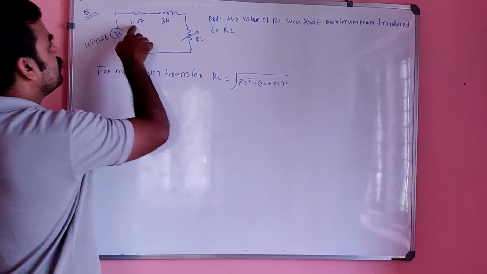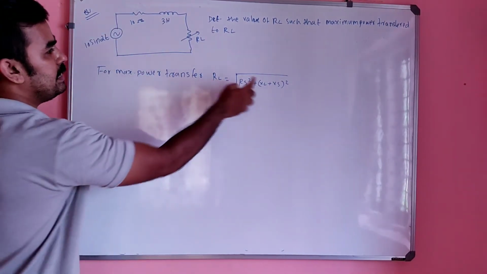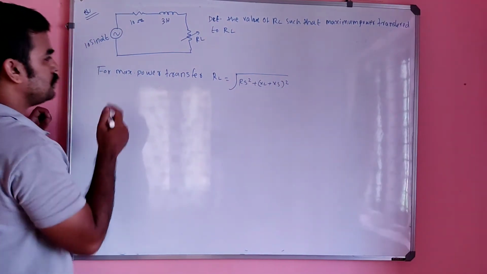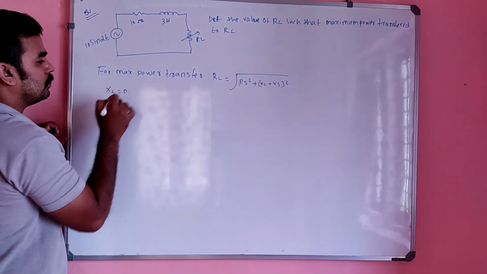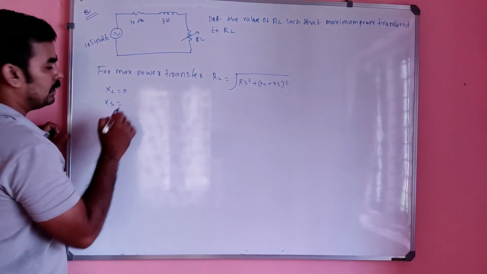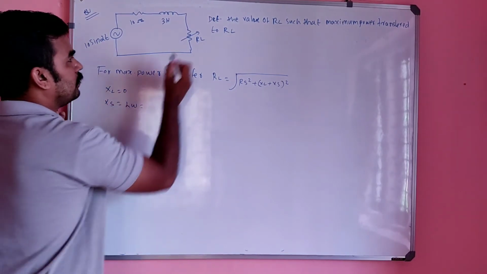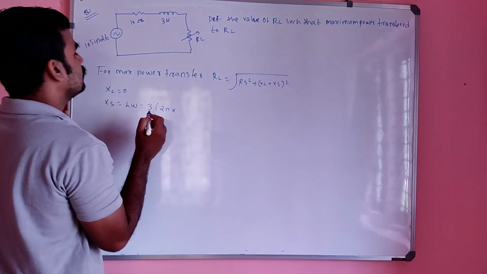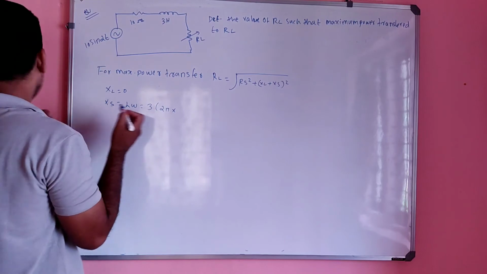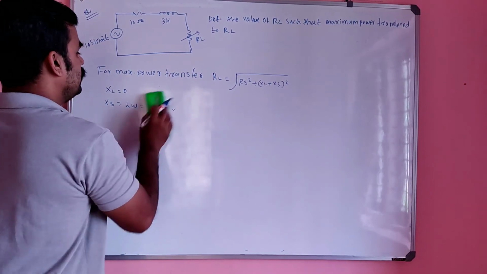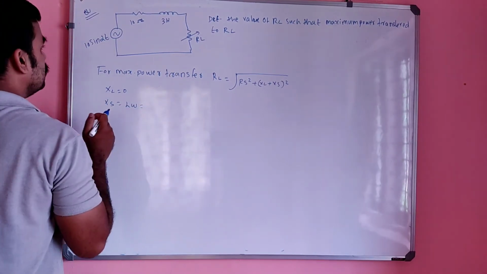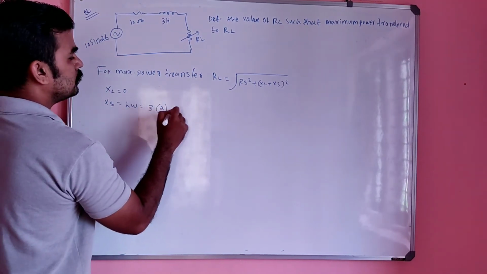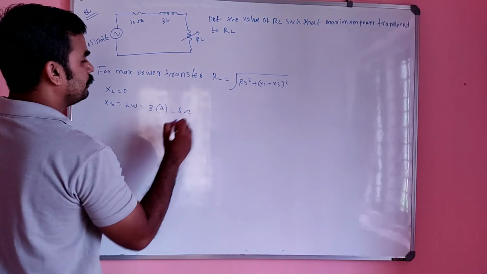So RS is nothing but 10 ohm, which is given. XS is given as 3 Henry. There is no XL, so XL will be equal to 0. XS will be L omega, which is 3 into omega, where omega is 2 pi F, so directly you can go for L omega. So it will be 3 into 2, 6 ohm.